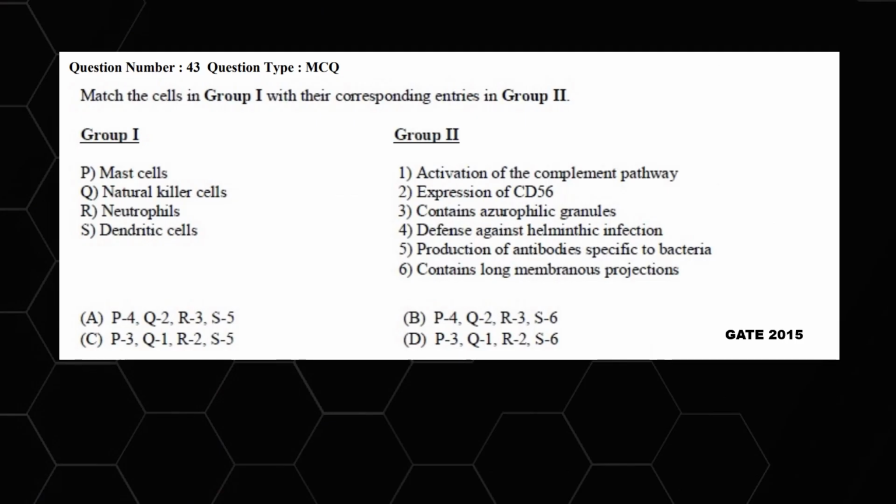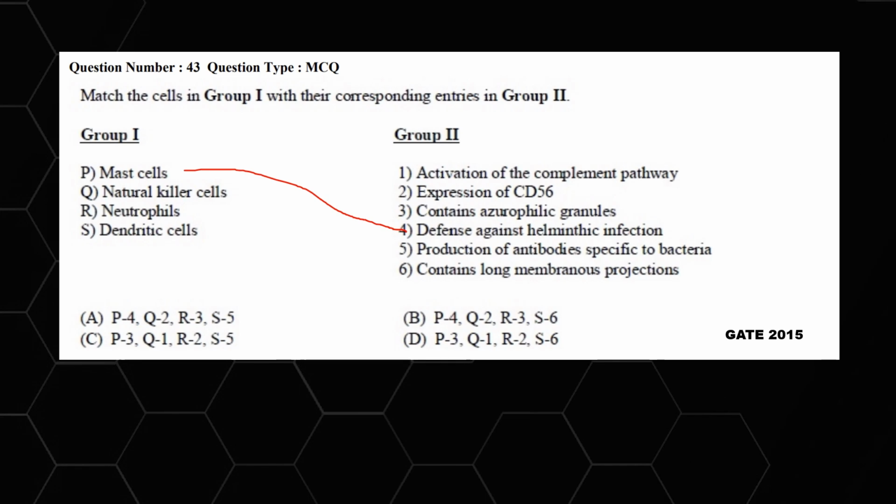And coming back to the question where they have asked what these 4 types of cells do in the body. Coming to the first one, mast cells, they get activated during allergy. They also lead to degranulation. If you look here, they have defense against helminthic infection. So they act on allergies. Then we have natural killer cells.